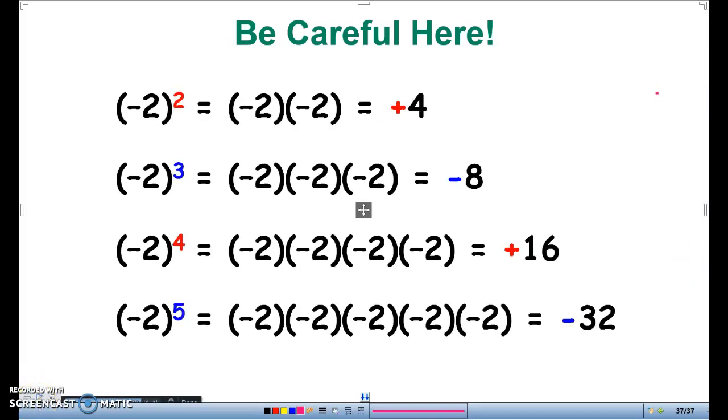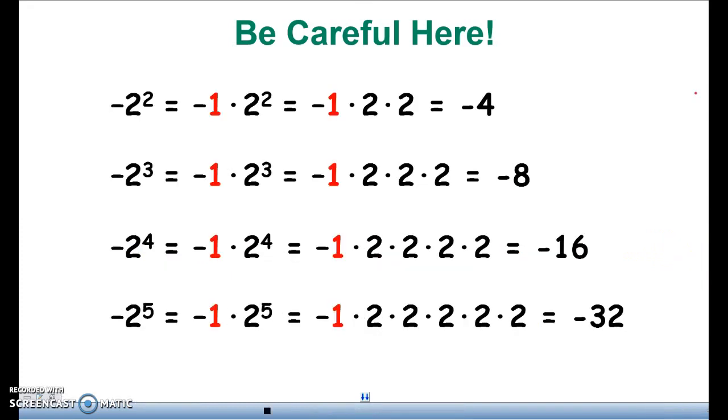Okay, this was the first page with the base inside parentheses. Here's the second page where there are no parentheses, so your base is just the 2 but not the negative sign. All right, be careful.